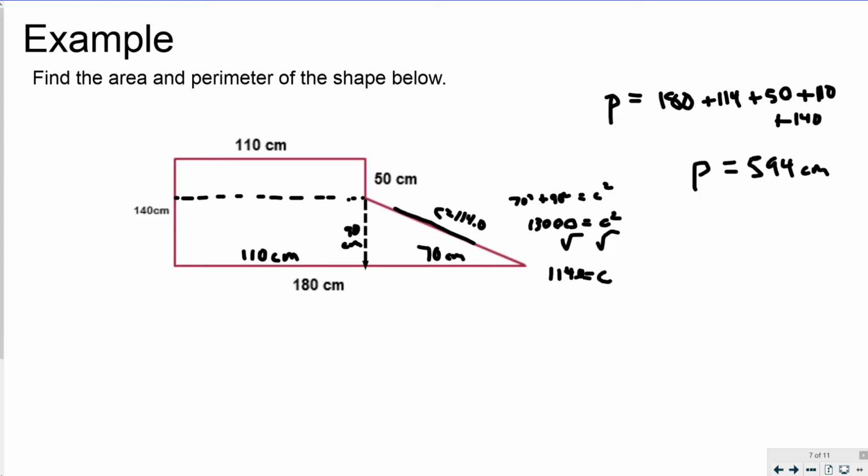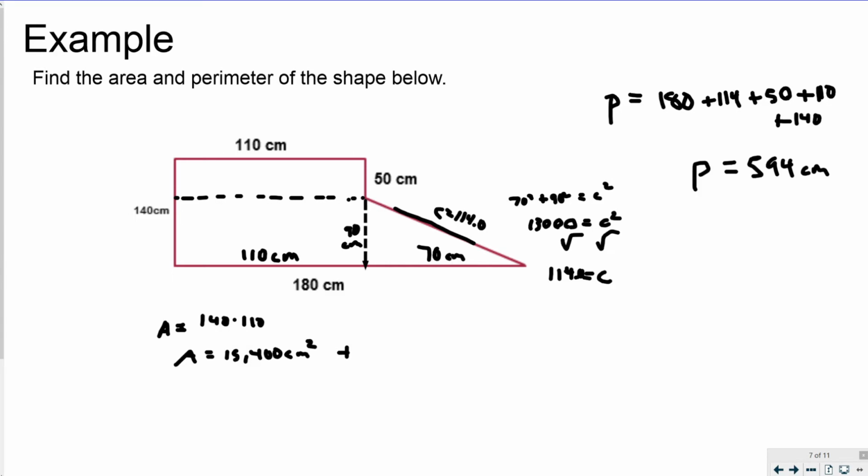So then to actually calculate the area, I just need to do the area of the rectangle and the area of the triangle. For the rectangle, you've got a height of 140 and a base of 110. So the area is going to be equal to 140 times 110. So the area of the rectangle is 15,400 centimeters squared.